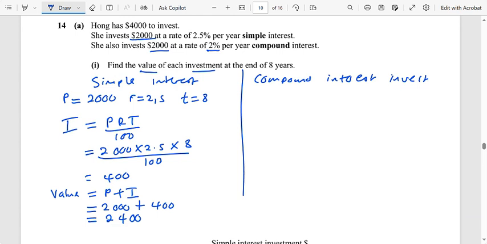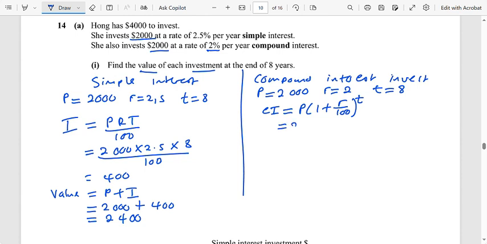For the compound interest formula, the principal is equal to 2,000. The rate is equal to 2% compound interest. And the time is still 8 years. So the value of the investment, which I'm going to call CI, is P of 1 plus R over 100 to the power time.